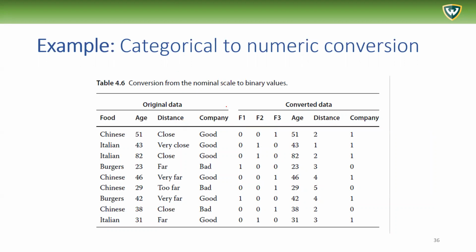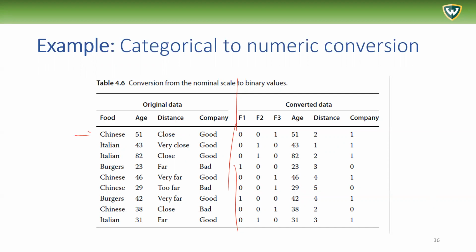So suppose we have original data. This original data is over here on the left side. So we have all this data about food, and the age of the people that ate the food, and distance from the restaurant, and then company, whether it was a good company or a bad company.